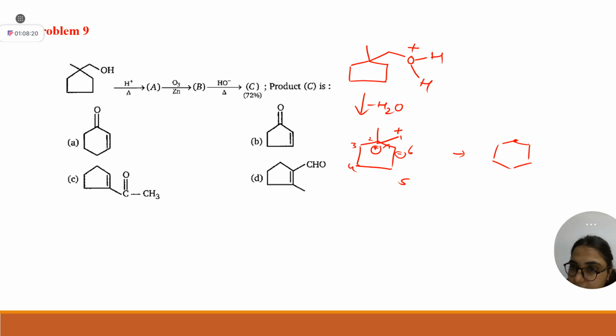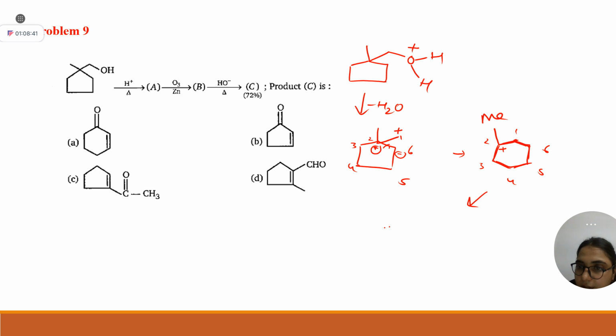This is your carbon number 1, 2, 3, 4, 5, 6. Good. Now on carbon number 2, one methyl is there. Positive charge will come as C-C bond migration has taken place, and you will get this. Clear?